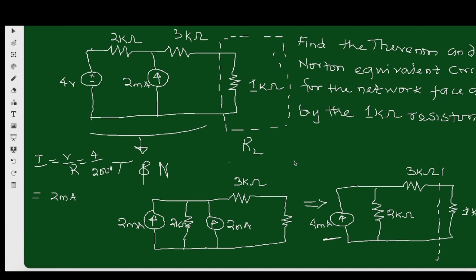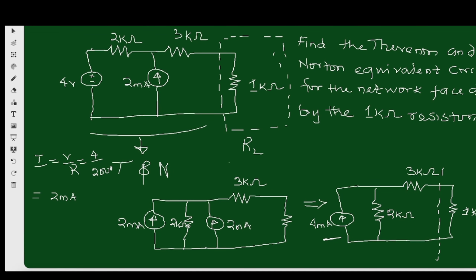So what do we have? We have 2 kilo ohms here, and we have 3 kilo ohms here. Then the load resistor, right? Then if you transform that back to voltage source, so what do we have?